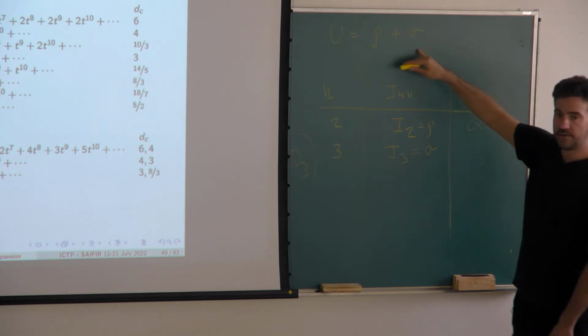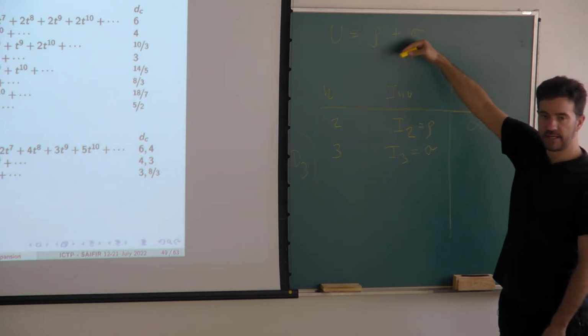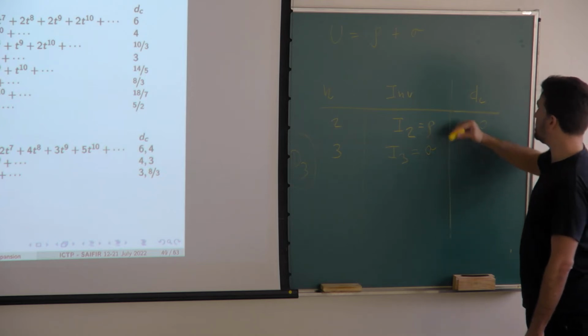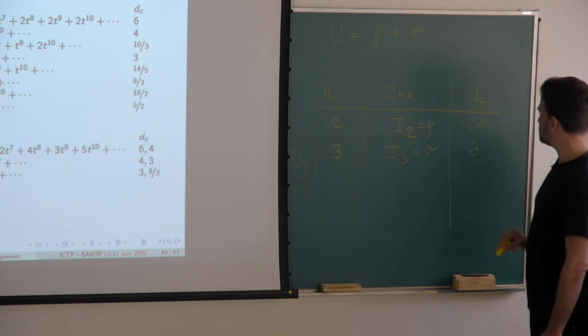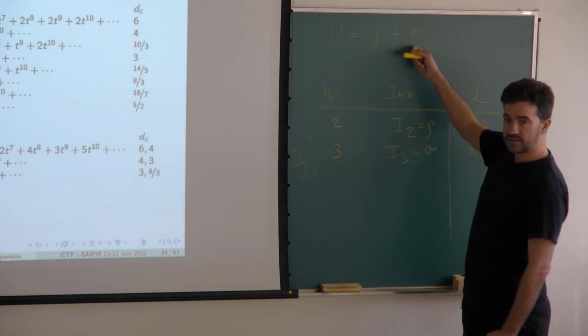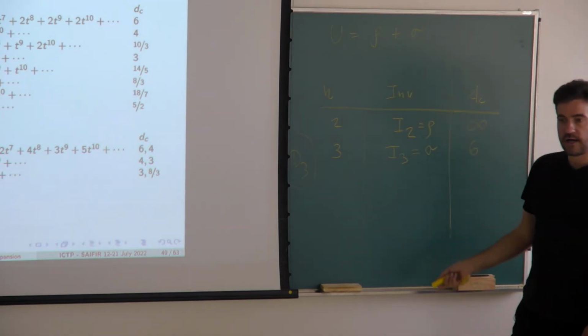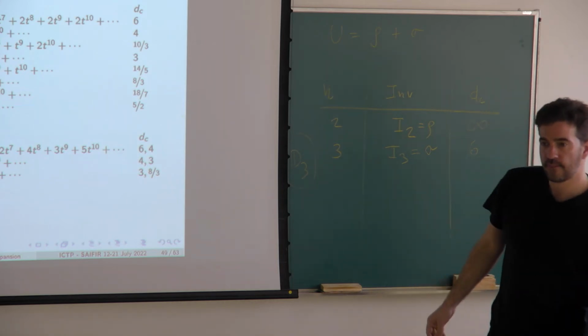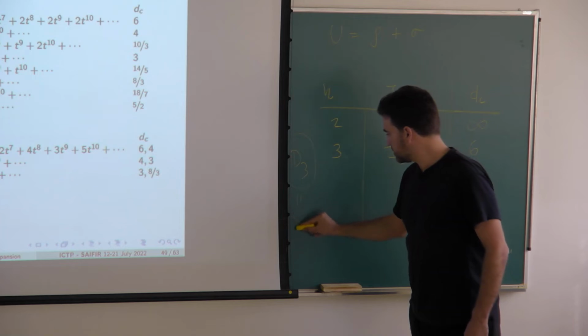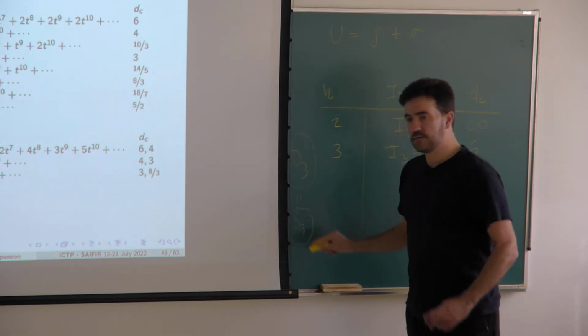So this is a theory that has marginal coupling here. I can use critical dimension 6, because this is 3 powers of the field, under the symmetry S3.